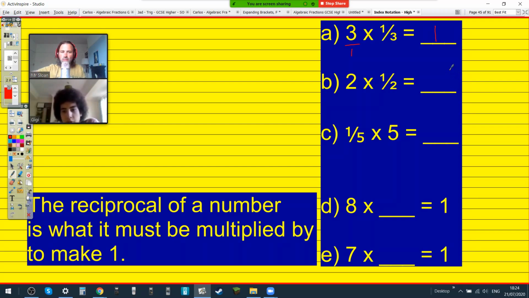That would also be 1. Mm-hmm. So the next one. 8 times 1/8. Mm-hmm. 7 times 1/7. The reciprocal of a number is what it must be multiplied by to make 1. So the reciprocal of 3 is a third. The reciprocal of a half is 2, and so on.